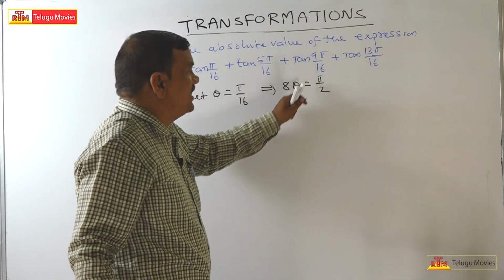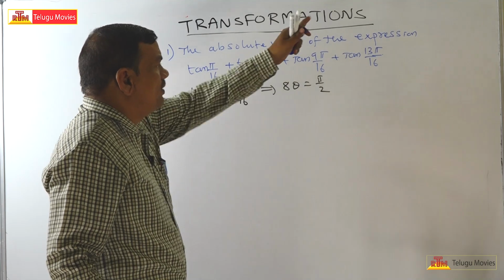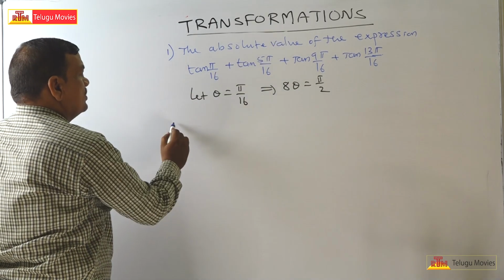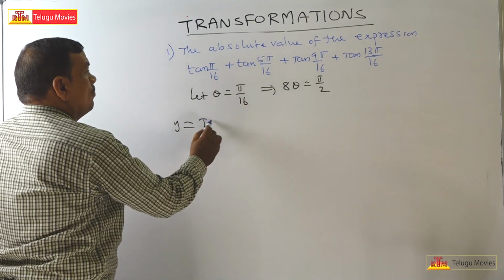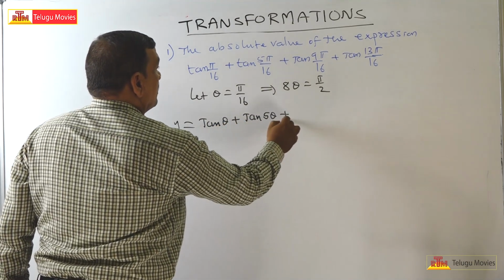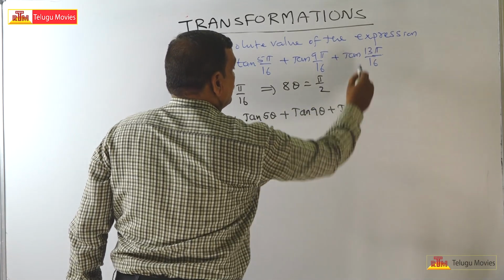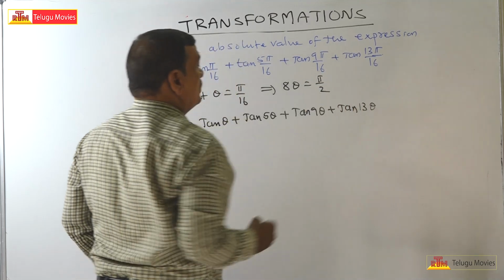So wherever 8 theta comes, you can write it as pi by 2. Now your problem will change. Let us call it y. Y is equal to tan theta plus tan 5 theta plus tan 9 theta plus tan 13 theta.